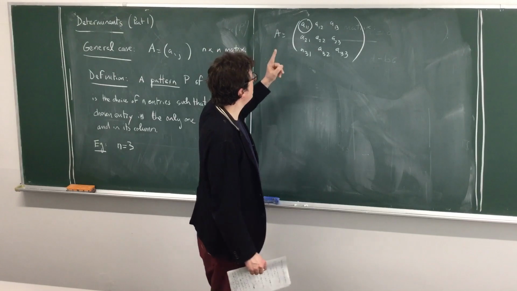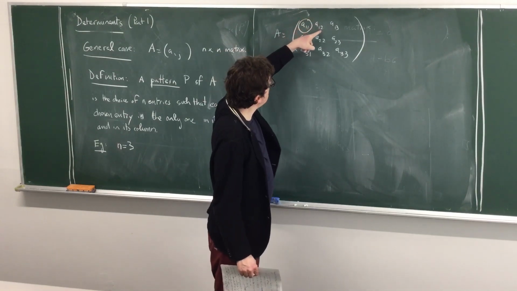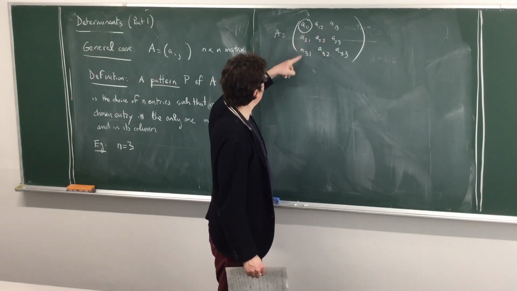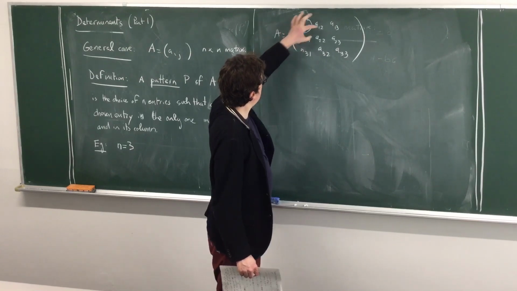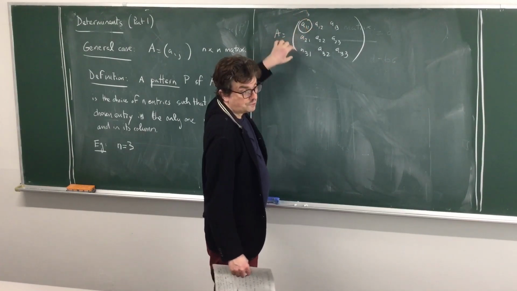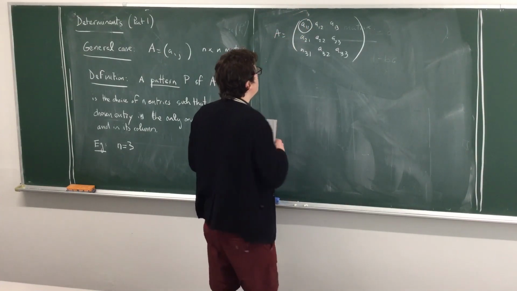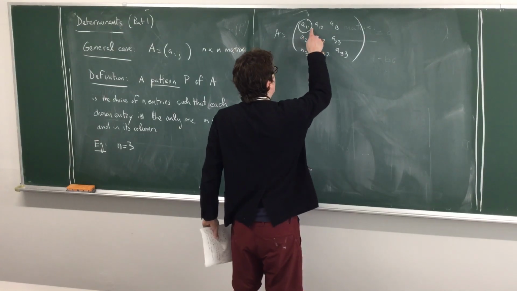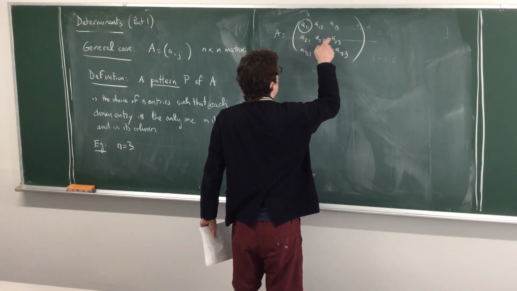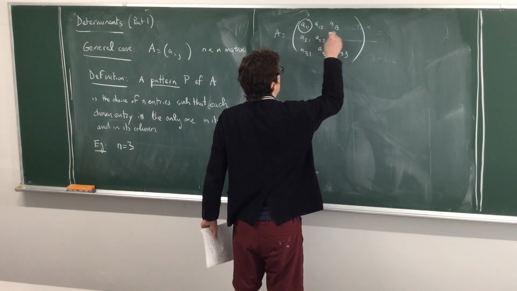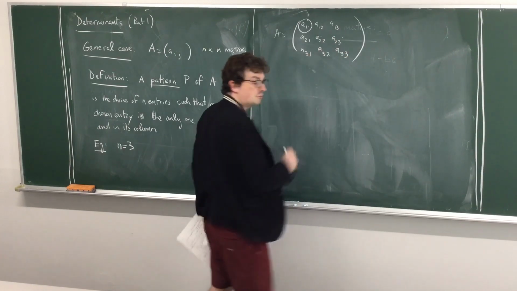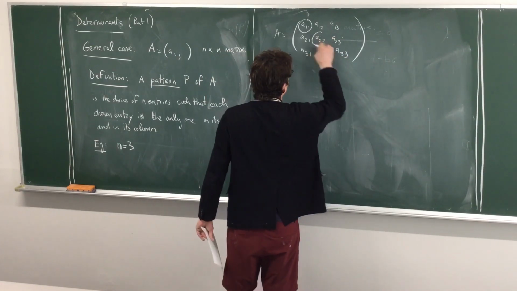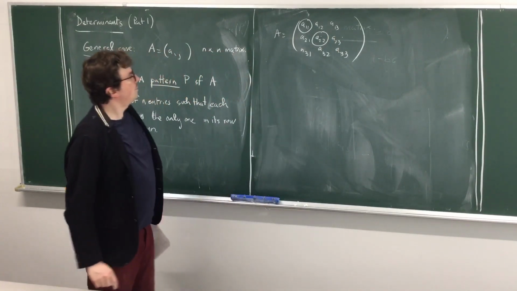But for the second one, I cannot choose something here or here, because I will have 2 entries in the same row or same column. Therefore, for the first row I had 3 possibilities, but in the second row I have only 2 possibilities. It could be here or here. This will give different patterns. Let's pick this one. Okay, this is a possible choice.